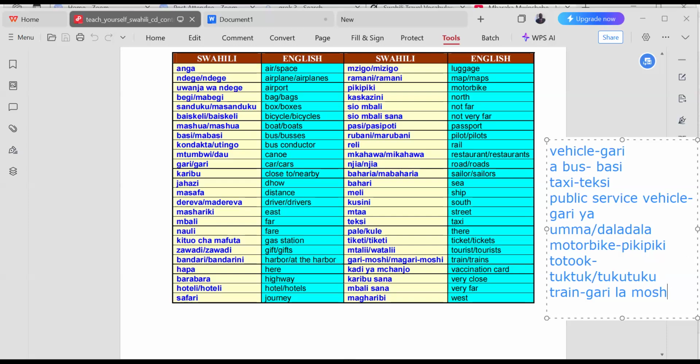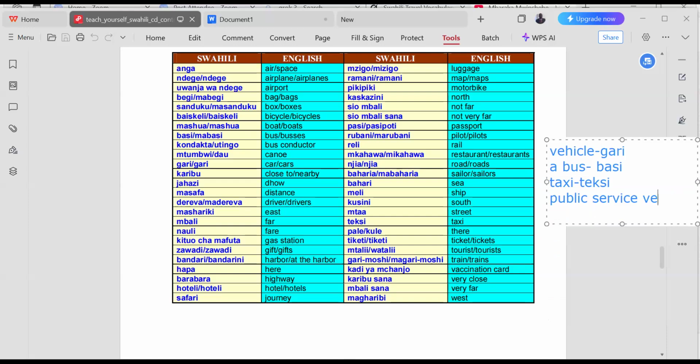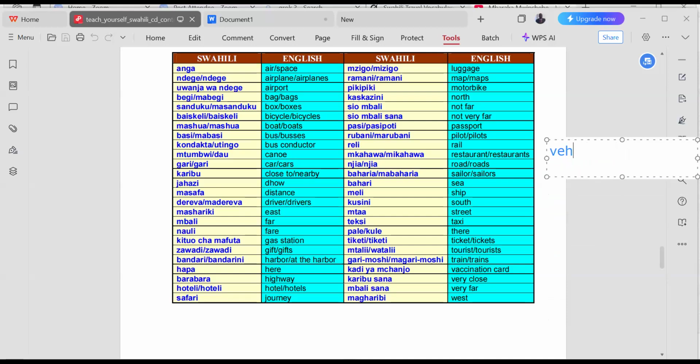Now, if you're using water, we only use one, which is actually the ship. In water we use the ship, which we call meli.